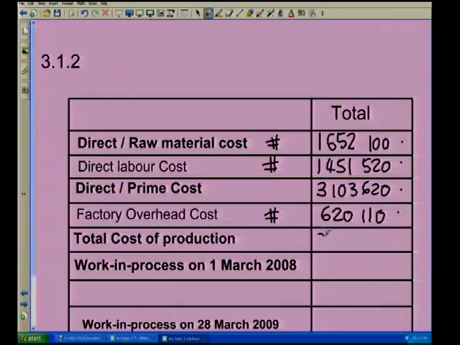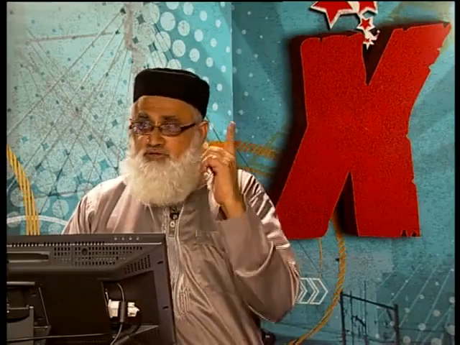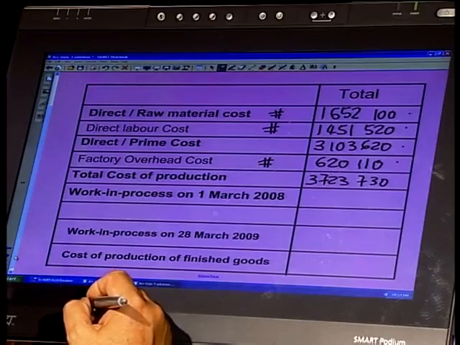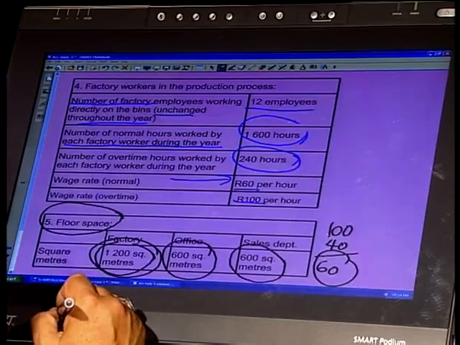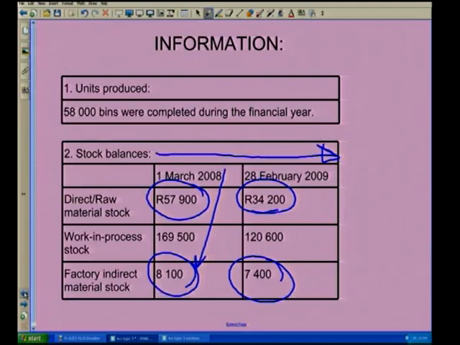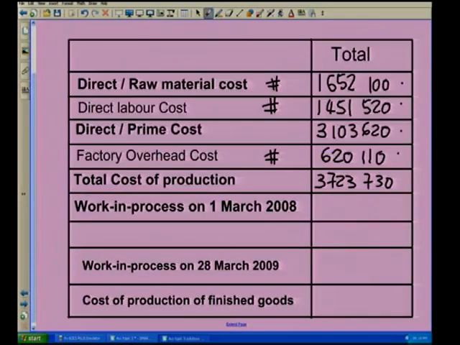Okay, let's carry on. Total cost of production: I now add that one plus that one to give me my total cost of production, which is 3,723,730. Do you recall when we worked here, what did we say? We said, add your work in process at the beginning of the year. Let's go to the question. Am I given my work in process at the beginning of the year? I'm sure I am.